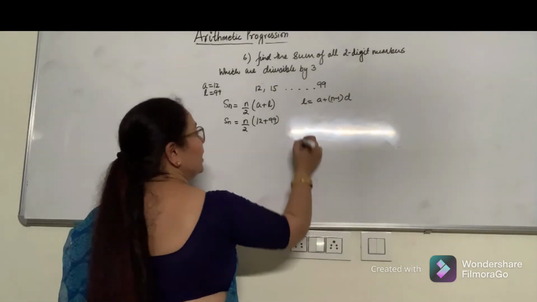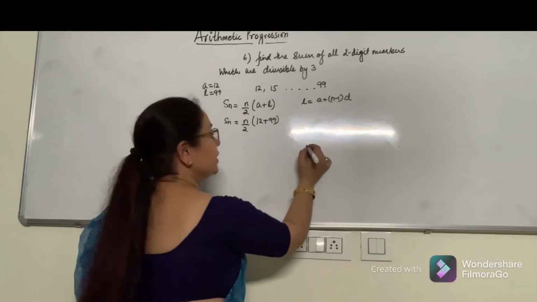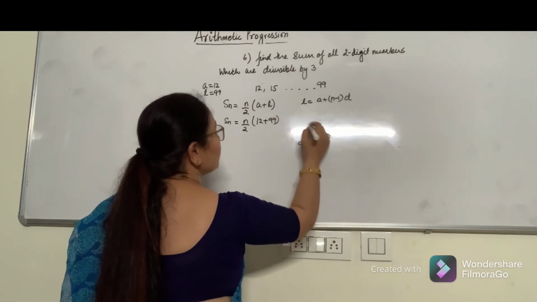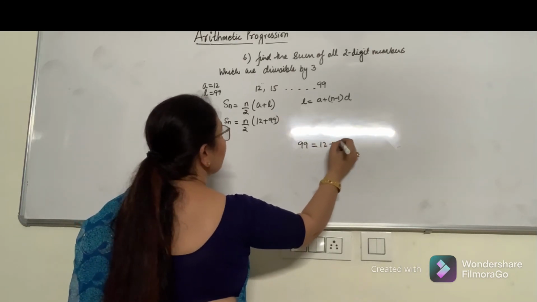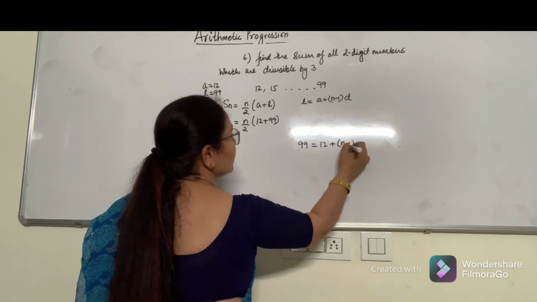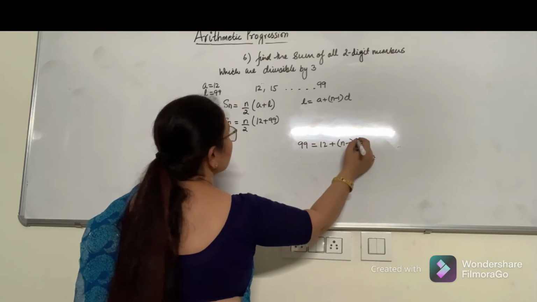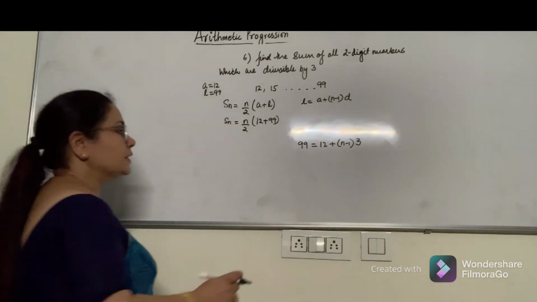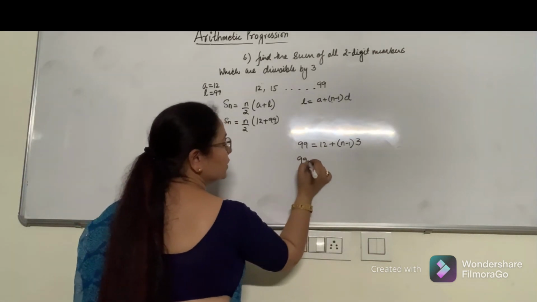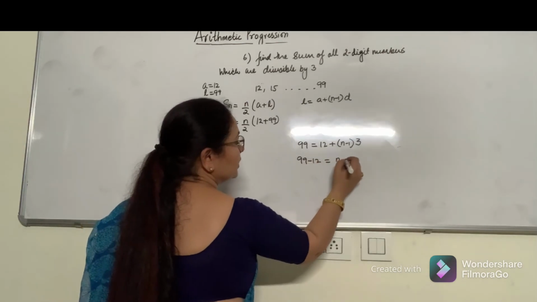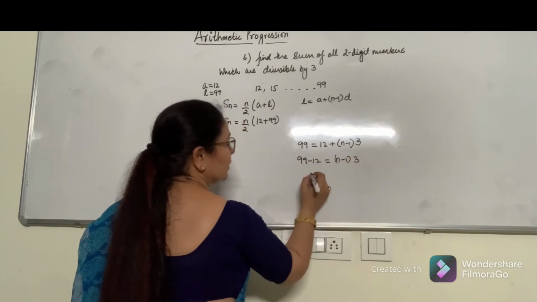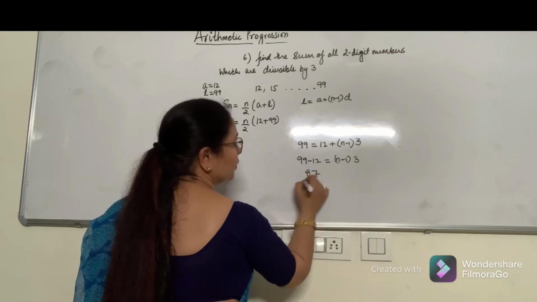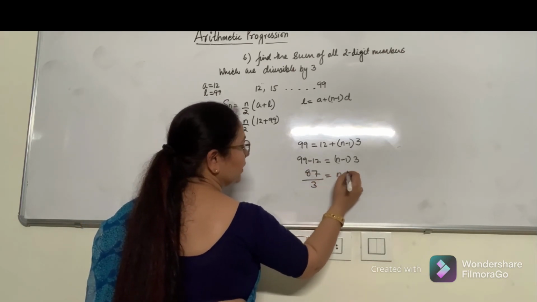L is 99, a is 12, n I don't know, and d is 3. So 99 minus 12 is 87, equal to (n minus 1) multiplied by 3. So divided by 3, we'll get n minus 1 equal to 29.